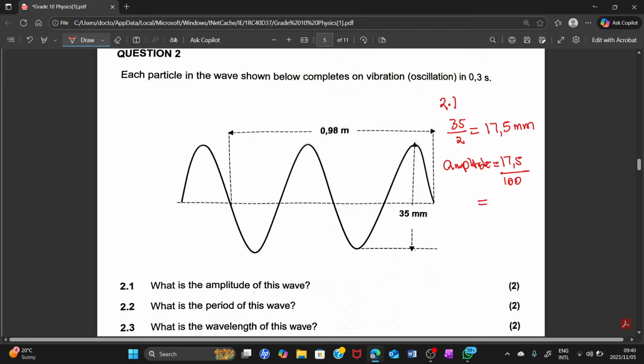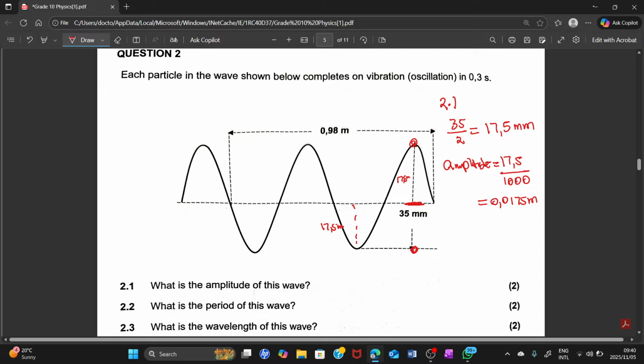So the answer you're going to get is 0.0175 meters. So that is the answer, class, because remember, from here to here is 35. So the amplitude is from the starting point, the rest position. So you can see that even here it's 17.5, even here, 17.5. Okay.